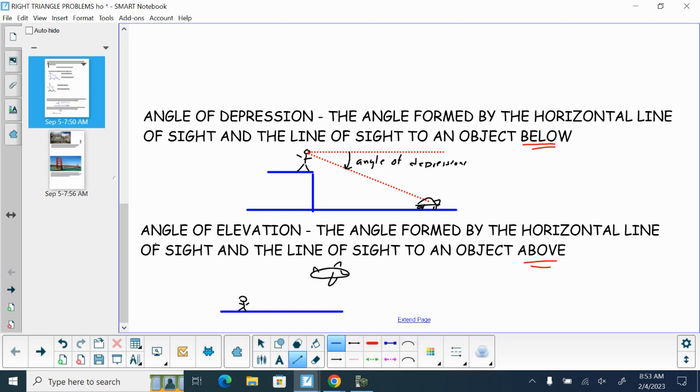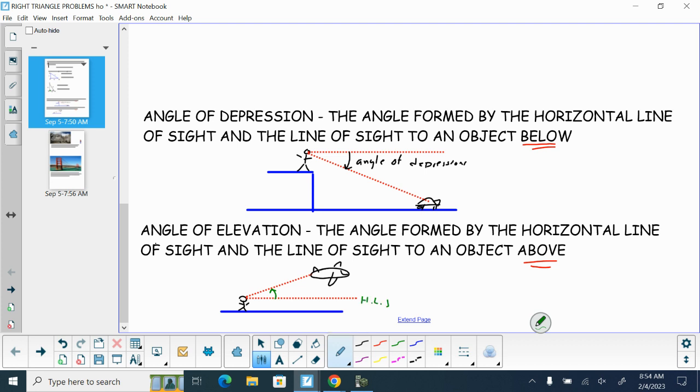So once again, we have our horizontal line of sight. And if we're looking at an object that is above us, we have our plane or our flying shark, whatever you want to look at it as. Here's your horizontal line of sight.